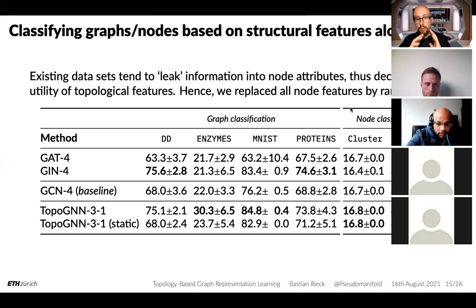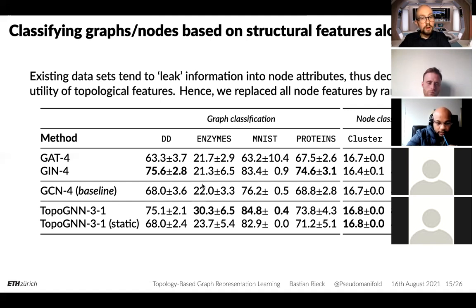Now I don't want to talk about all the numbers in this table, but I want to give you a way to compare the performance of our method with the baseline method. The baseline method, as I said, is the GCN with 4 layers, because we take one of those layers and replace it by our layer. So when we mention TopoGNN 3.1, this means that we have 1 topological layer and 3 GCN layers still.